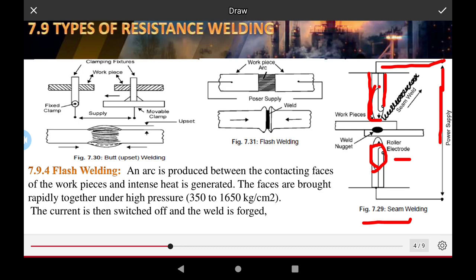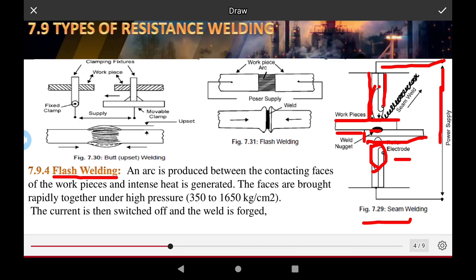This is the upper side of the workpiece, and this is the second part, the lower side. Both are applied with filler metal from the rod, with pressure and heat.